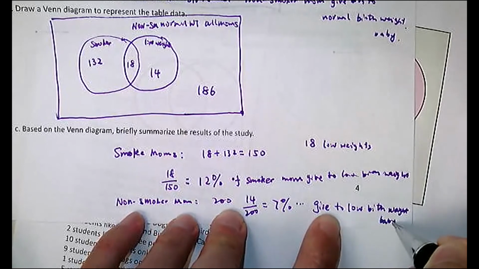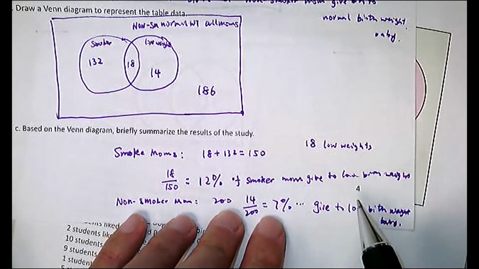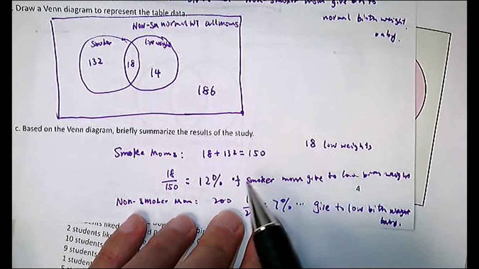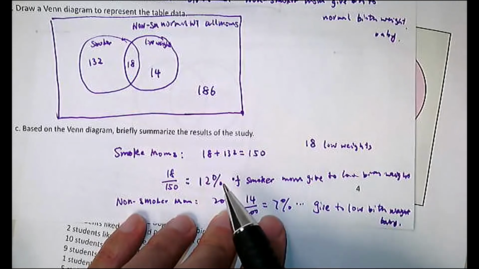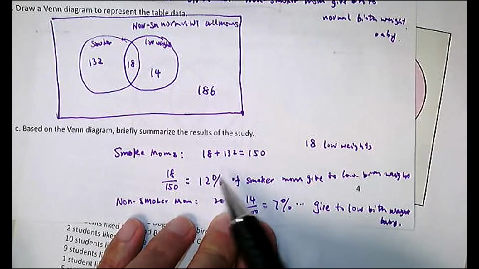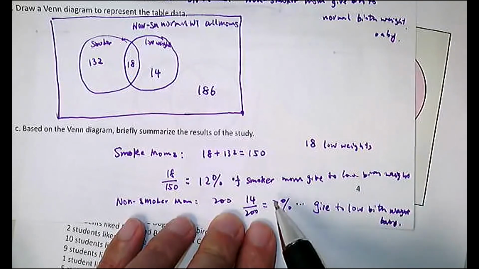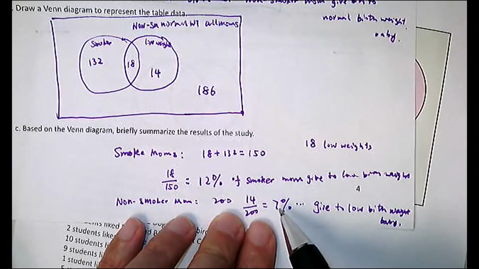Apologize for the messy writing. Do you see that if you are a smoker mom, you have a significantly higher chance of giving birth to a low weight baby? 12 and 7, they are very different numbers, right? 12 is significantly higher than 7.